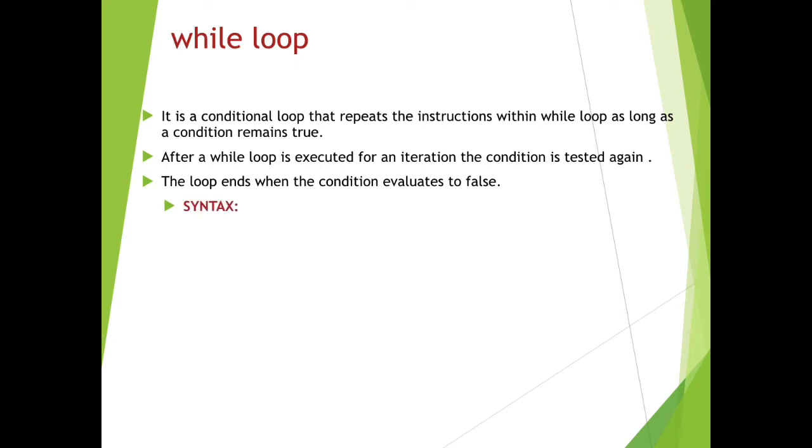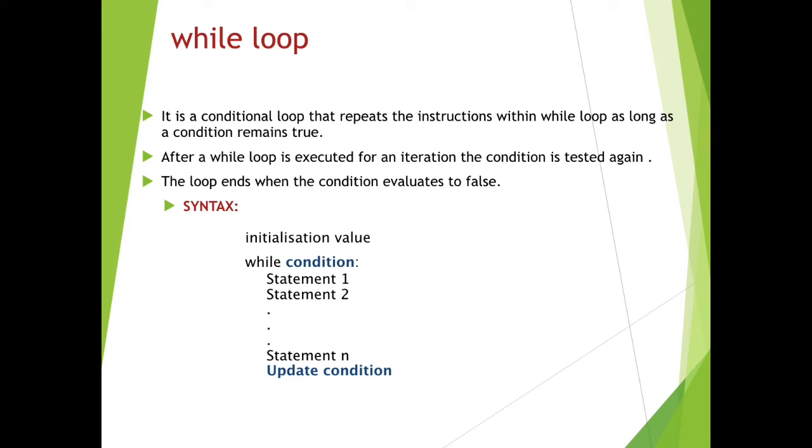There is a syntax of while loop, and this is the syntax. At first there will be an initialization value, and after that there will be a condition, and based on the condition the statements within the while loop will be executed. Towards the end you can find the update condition.